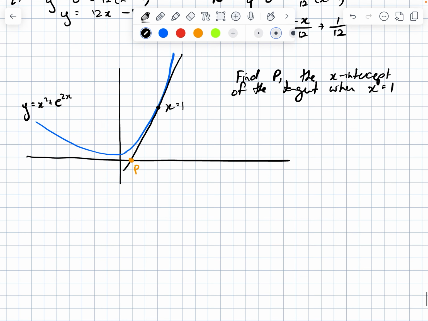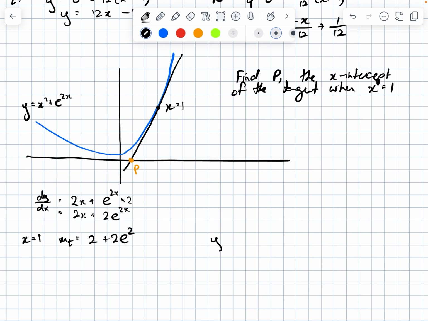So we need to find the derivative, dy dx equals 2x plus, and e to the power of 2x differentiates to e to the power of 2x times by 2. So we get 2x plus 2 e to the power of 2x. Substituting x equals 1, the gradient of our tangent is 2 plus 2 e to the power of 2.